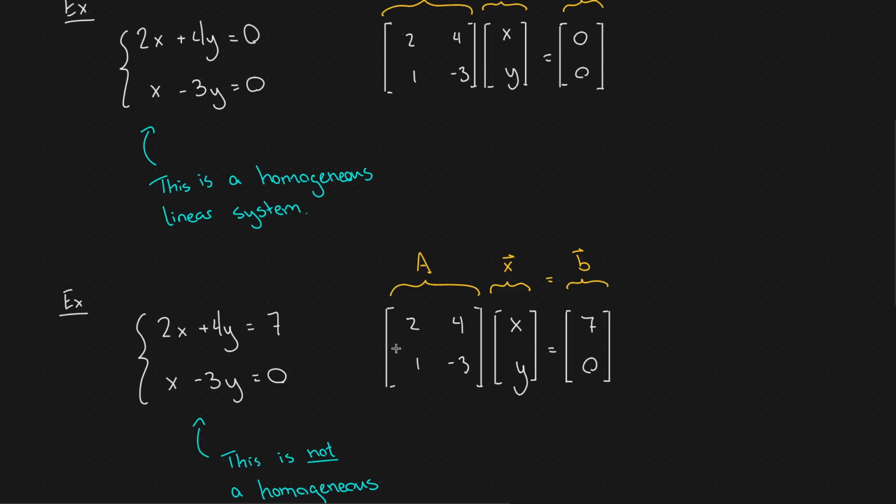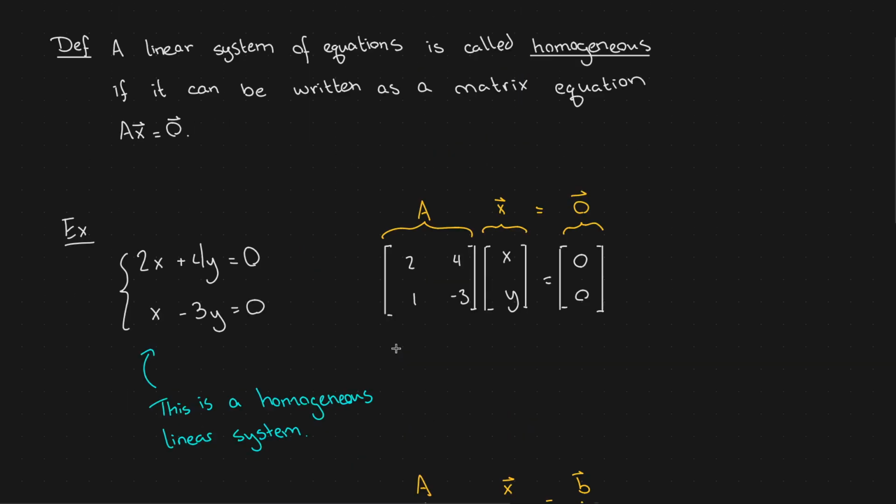Now, notice that when we have a homogeneous system of equations like this one, we are guaranteed to always have a solution, at least one. The system is guaranteed to be consistent because I can choose all the variables to be 0.